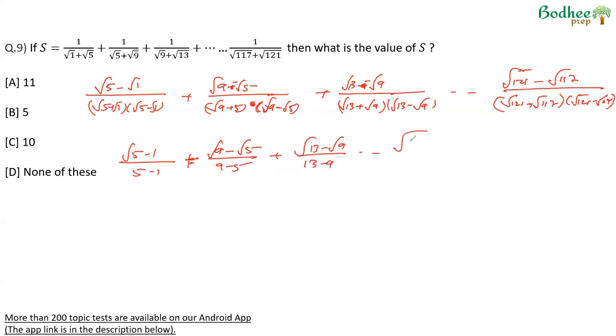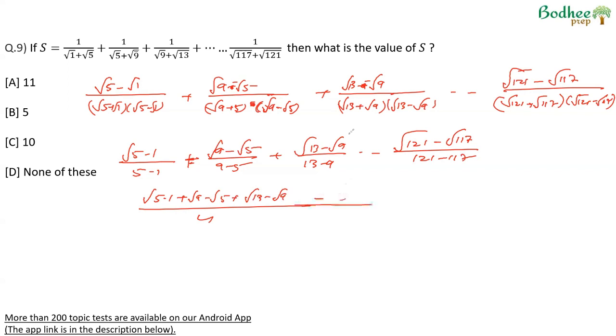The last term will be root 121 minus root 117 upon 121 minus 117. So all of these denominators become 4. So we can add the numerators: root 5 minus 1 plus root 9 minus root 5 plus root 13 minus root 9 and so on. The last terms will be root 117 minus root 113 plus root 121 minus root 117.